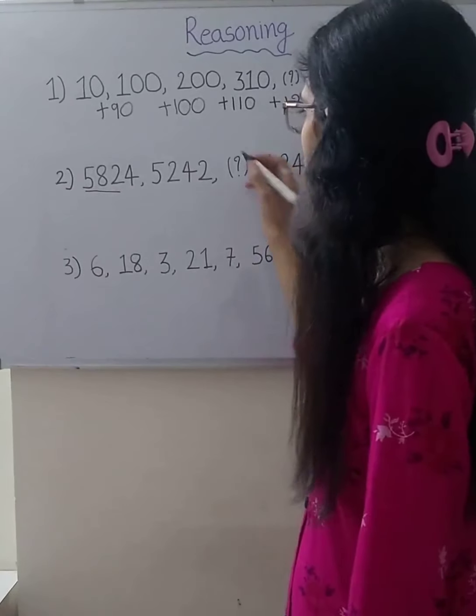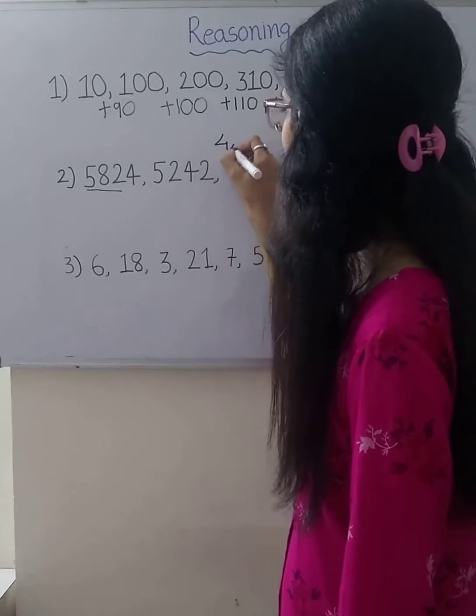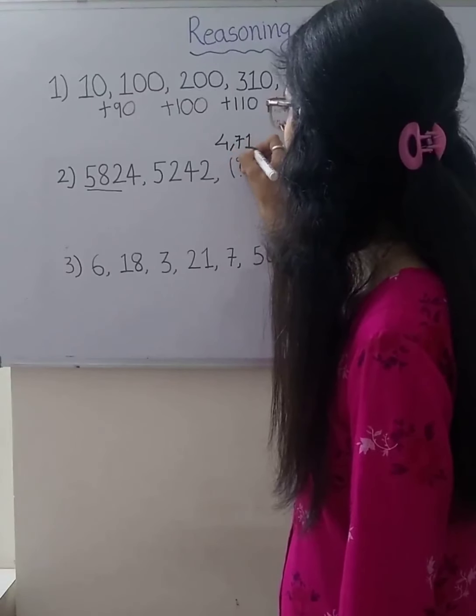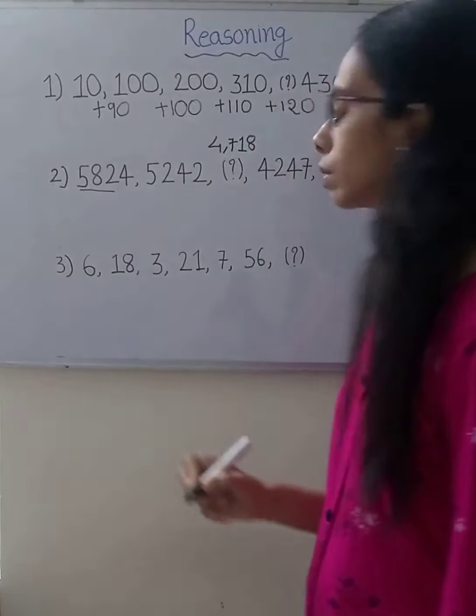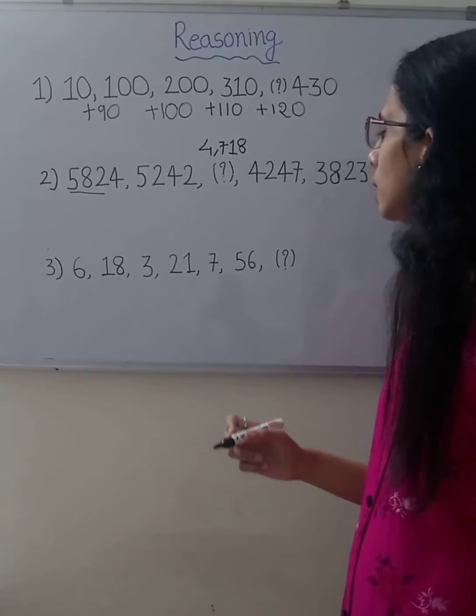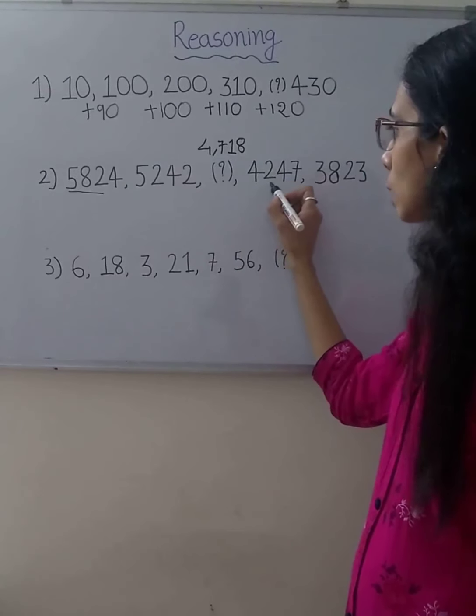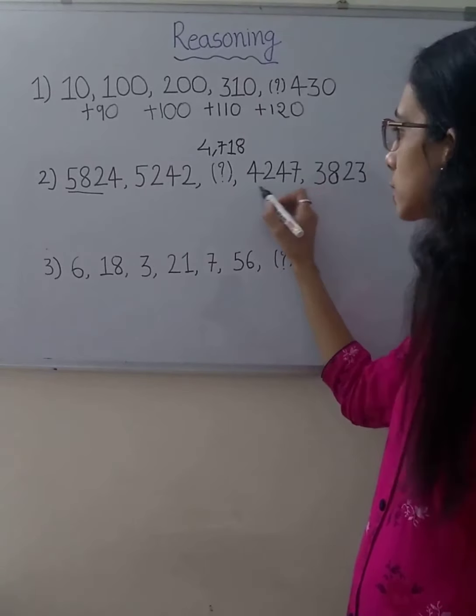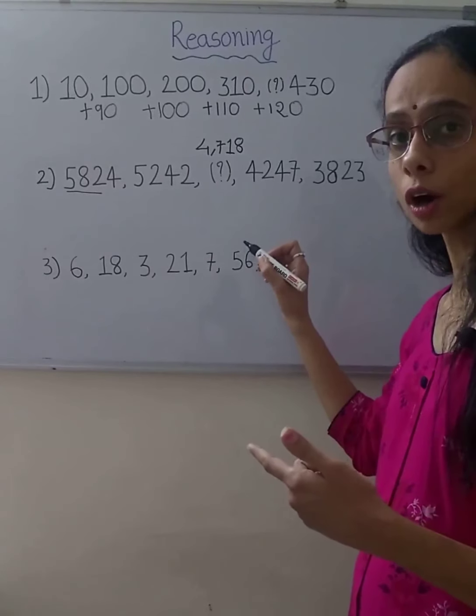So what will be the answer? The answer will be 4718. Fine, friends. Similarly, we get 4247, which is the next term. How have we got that?